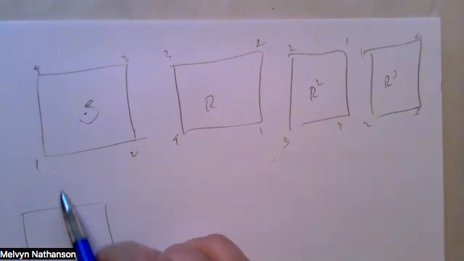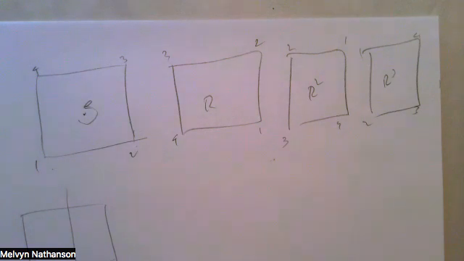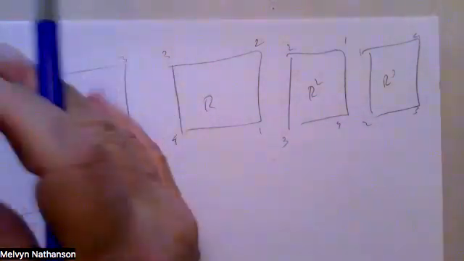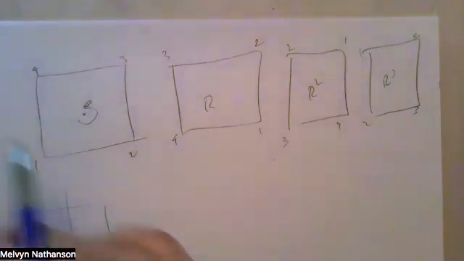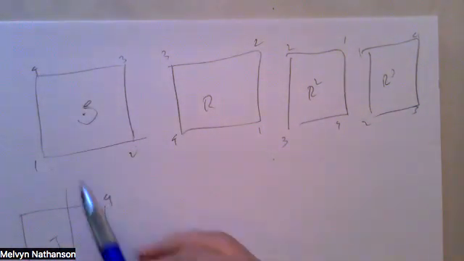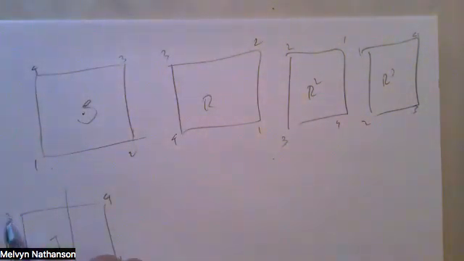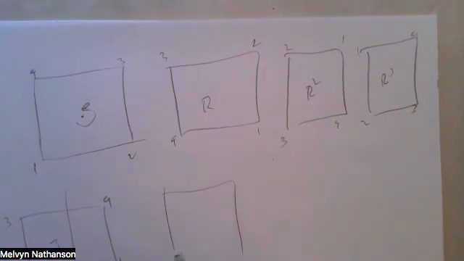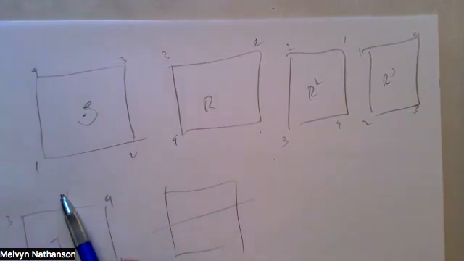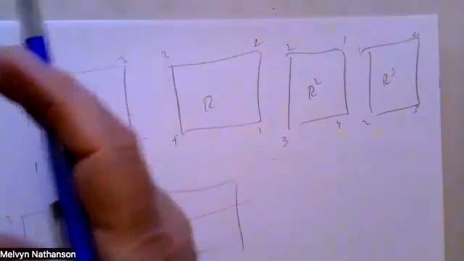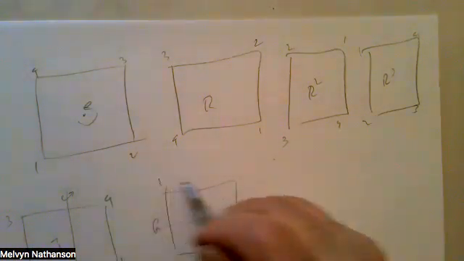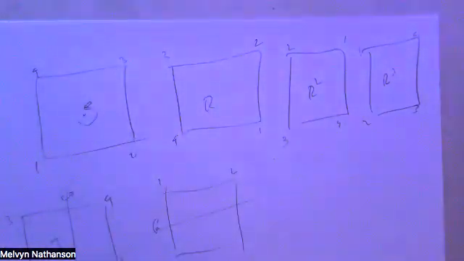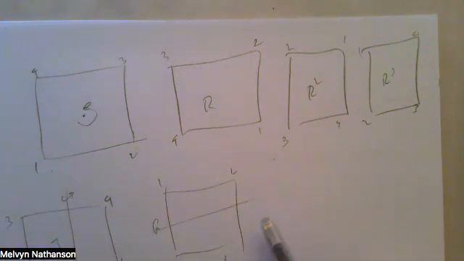But we also have reflections. For example, let's say J is this vertical reflection. So when you flip this vertically, 1, 4 ends up here, and 2, 3 ends up here. If you flip the square horizontally, 1, 2 on the bottom is on top, 4, 3 on the top is on the bottom.